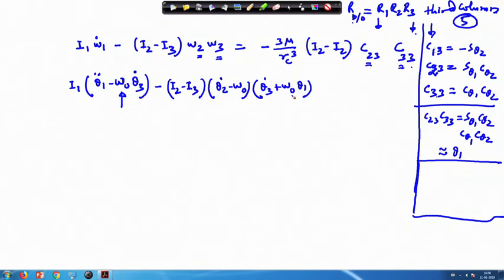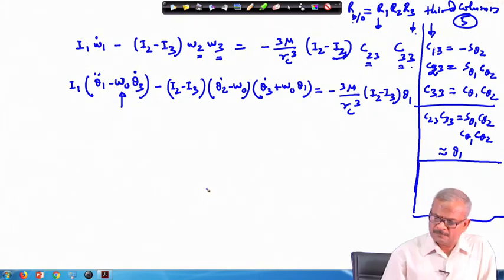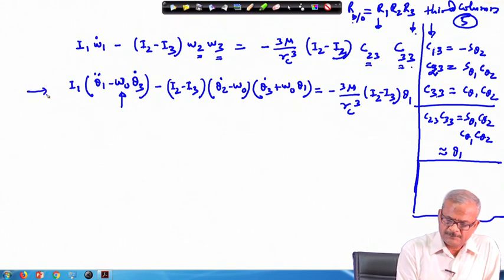So, this way we need to develop all the terms. On the right hand side, finally, we have 3 mu by R c whole cube, this is I 2 minus I 3 multiplied by this theta 1. So, this is the equation we are getting.